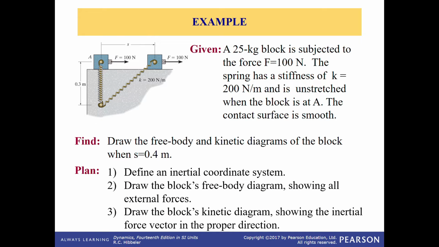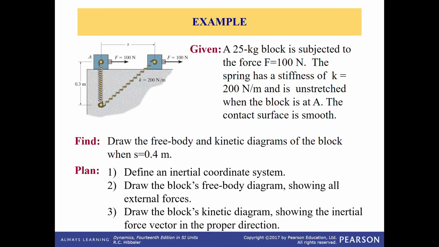How to do that? First, you need to define an initial coordinate system, either X, Y, Z, or n-t, for example. You need to decide by yourself which type of coordinate system you want to use. Second, draw the block's free body diagram showing all external forces.